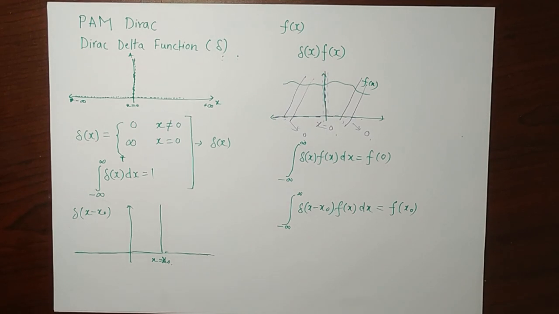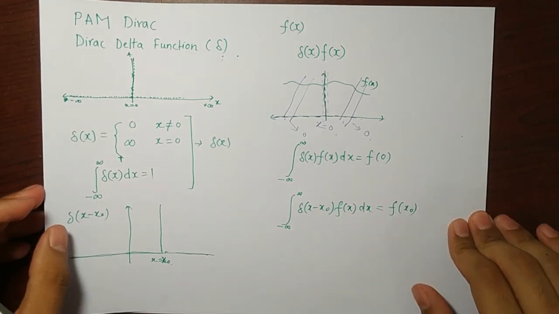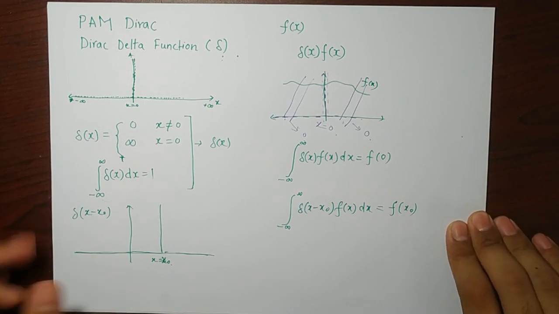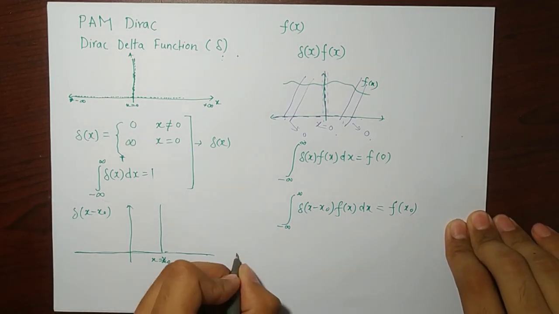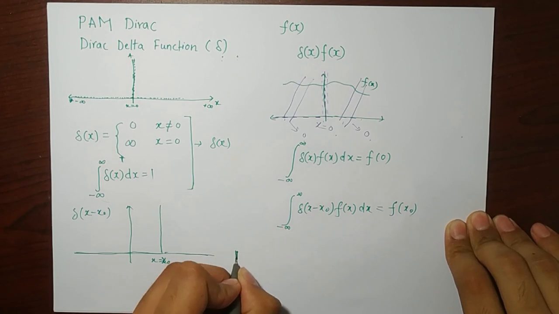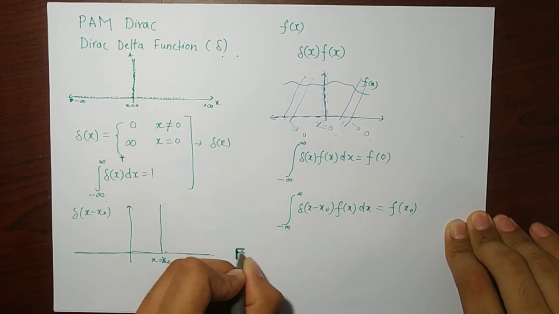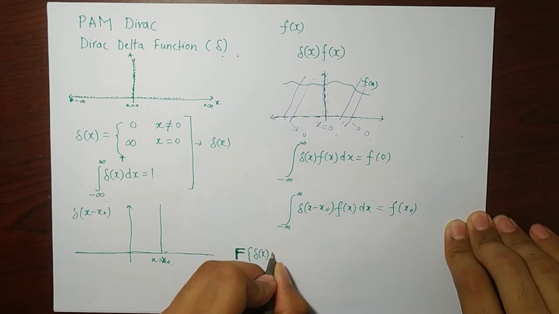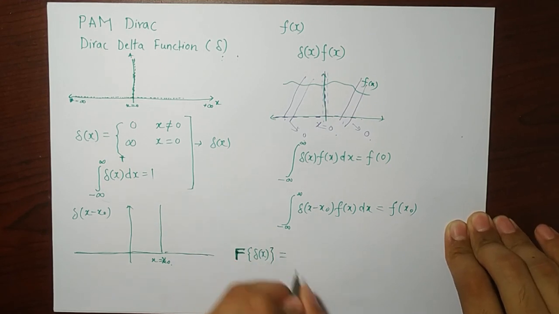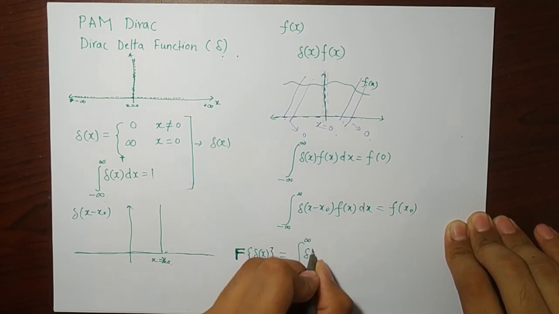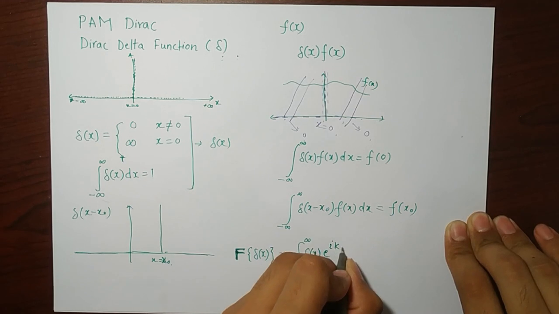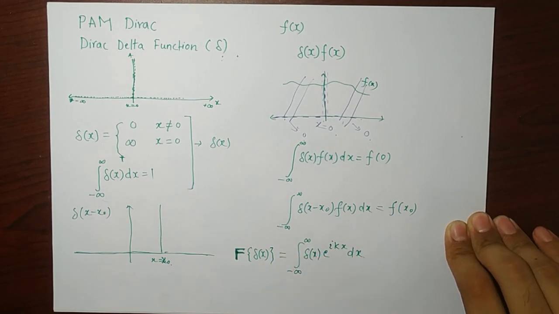So what is the Fourier transform of del of x? You can put this thing in the formula: the integral of del of x e to the power i k x dx.